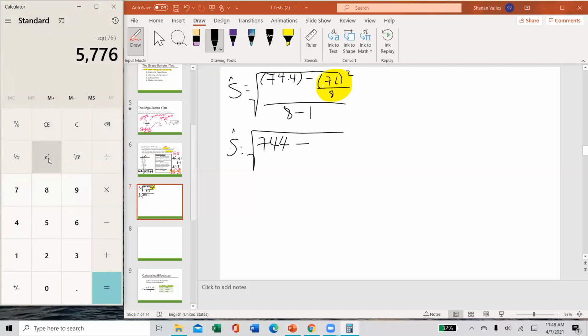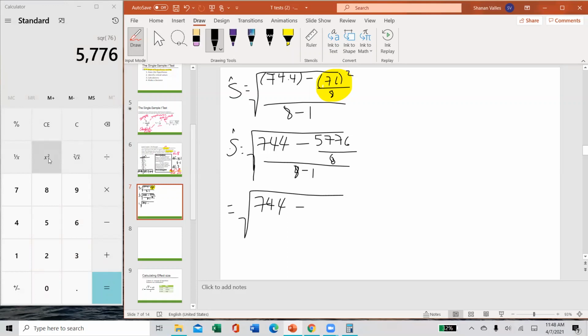It's going to be a big number, right? 5,776. You could write all that down right now if you wanted, or you could just hold it in your calculator and just go ahead and divide it all by 8, and it just saves yourself a little bit of space and time, okay?